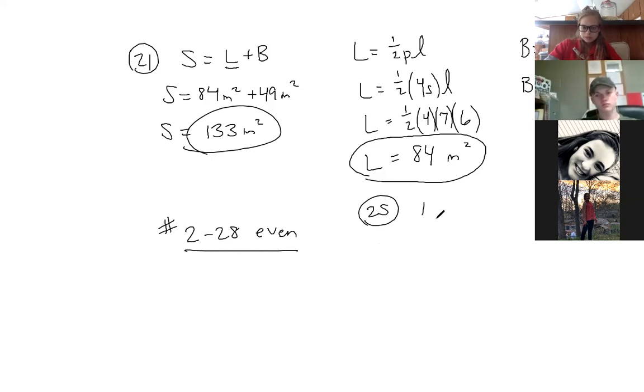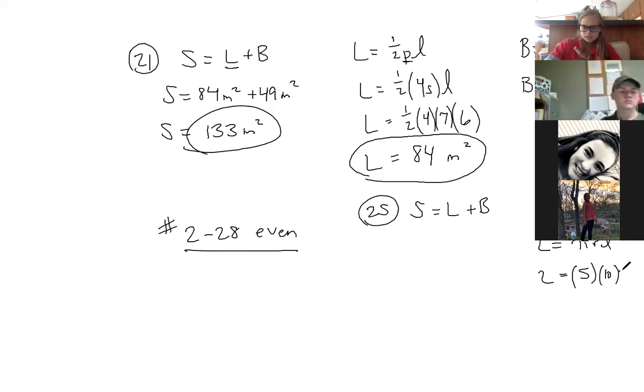So if we're finding the surface area and the lateral surface area of a cone, the lateral surface area is going to be 1/2 times, instead of the perimeter, times the circumference. So that's pi RL. So the lateral surface area is 5 times 10 times pi, which is 50 pi.